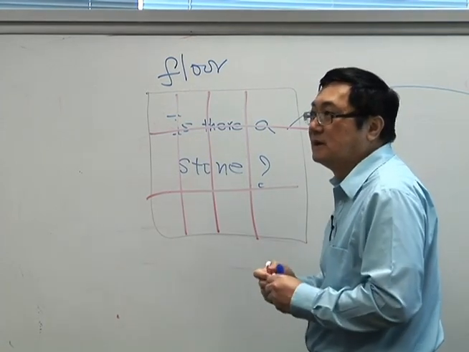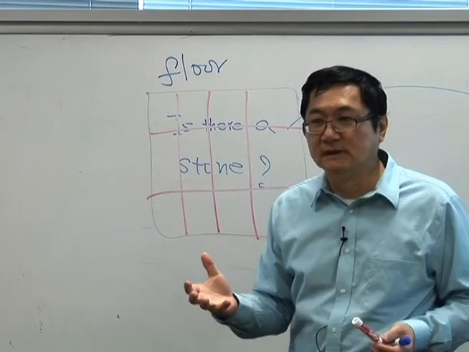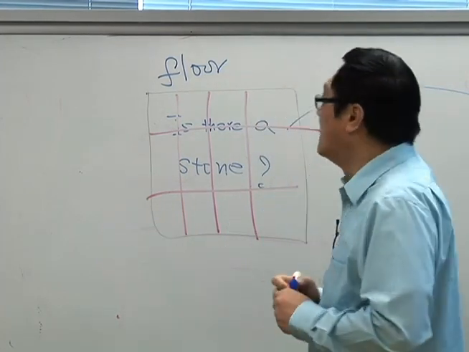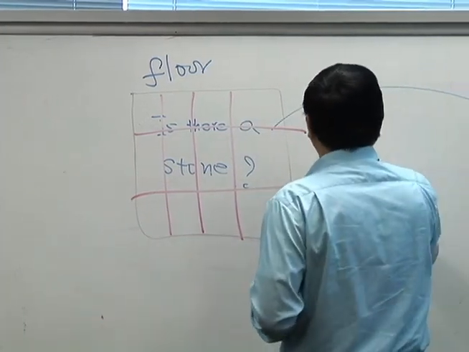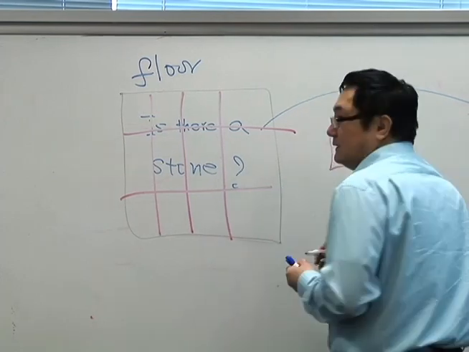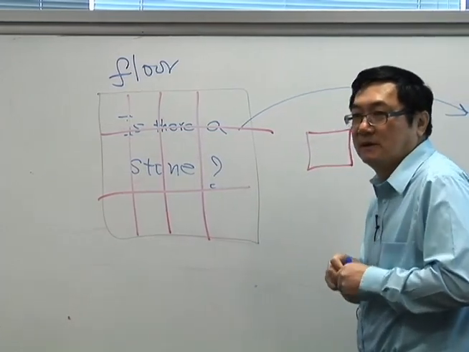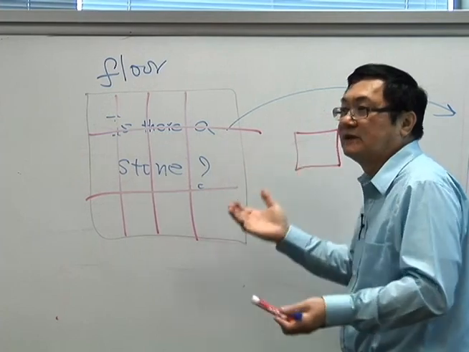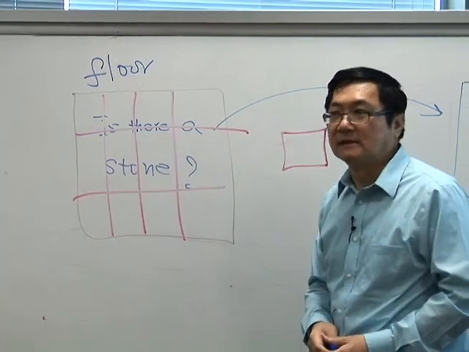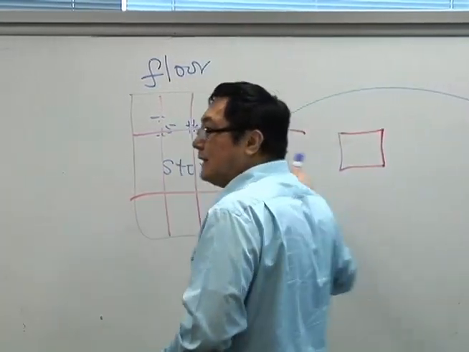And suppose, for discussion purposes, let's make it simple. We assume each stone is in a rectangular shape. It's not necessarily the case, but for the discussion purpose, it's a rectangular.